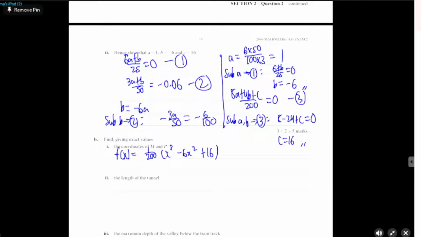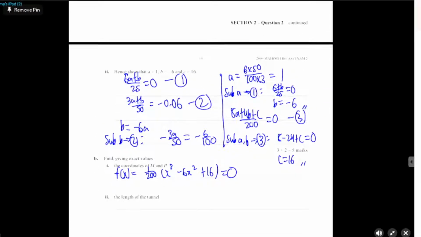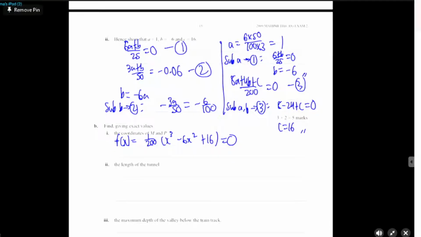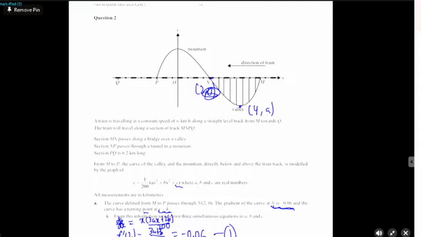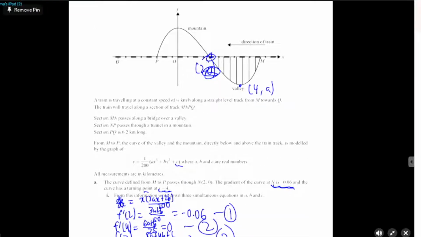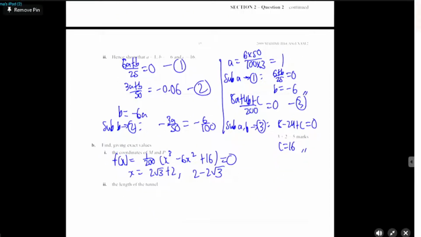So you just make f(x) equals 0, and solving that, you get x is equal to 2 plus 2 root 3, 2 minus 2 root 3, and you get the n value too, which is 2.